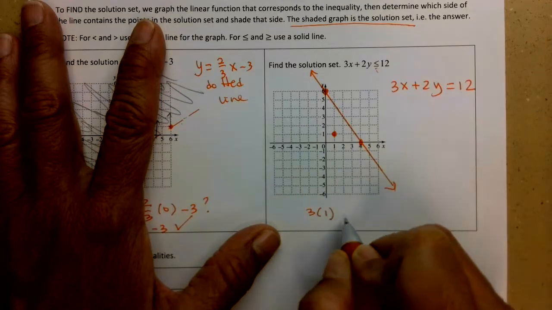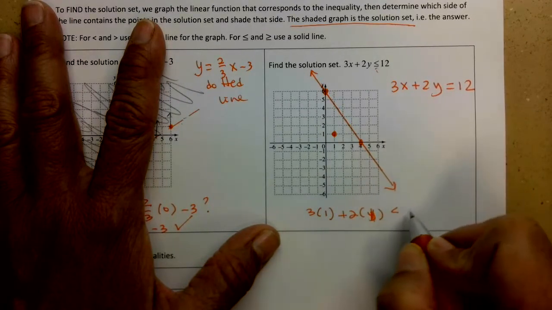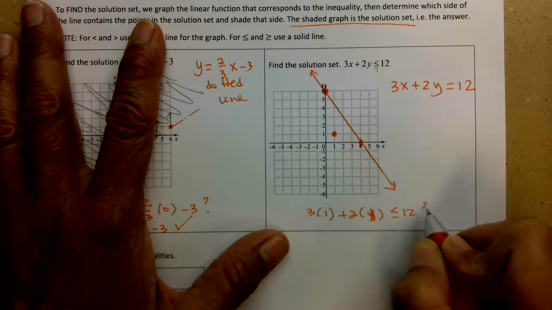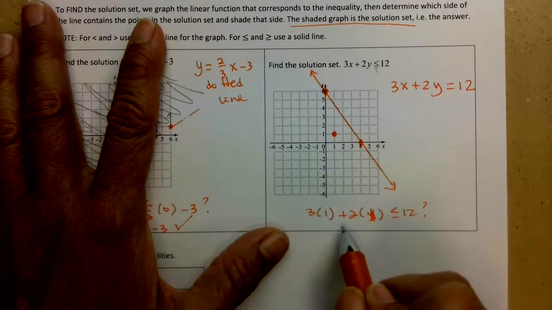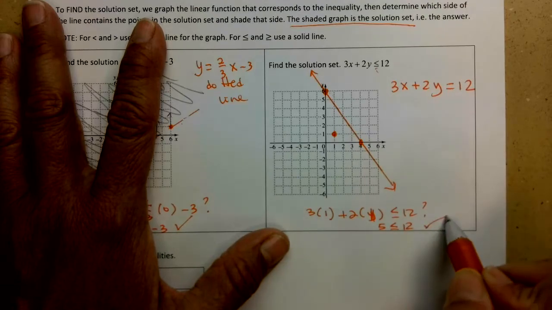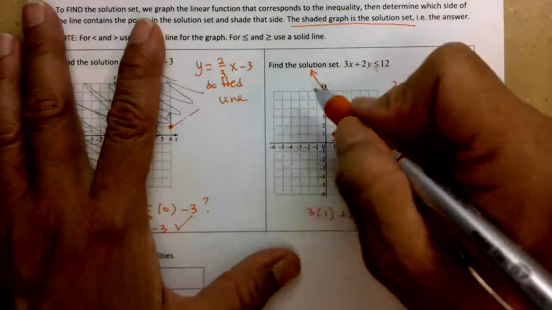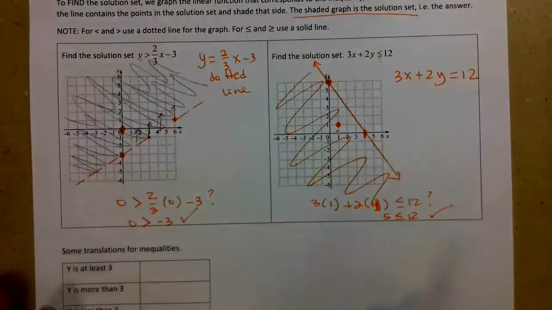If that's in my solution set, then all of the points that are in the same side as that point are also. So 3 times 1 plus 2 times 1, so is 5 less than or equal to 12? It is, so I chose the side that had the solution set, so it's all of those points.